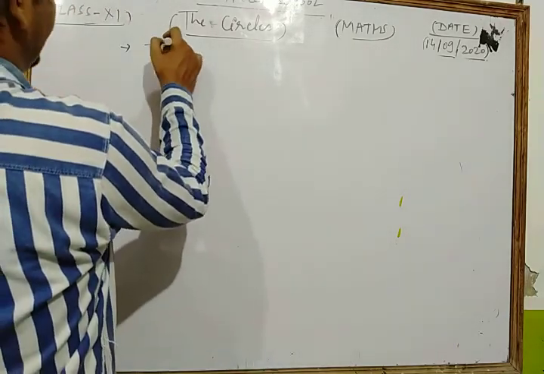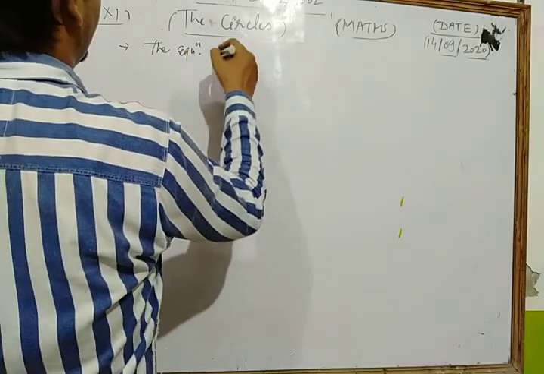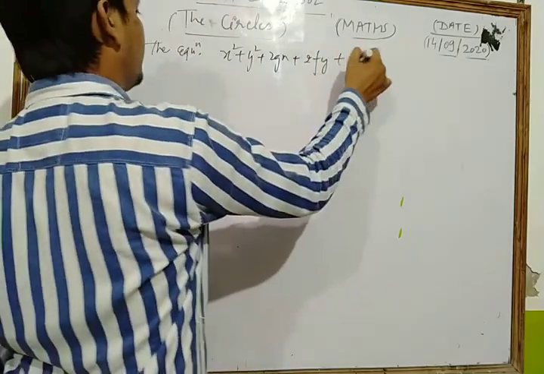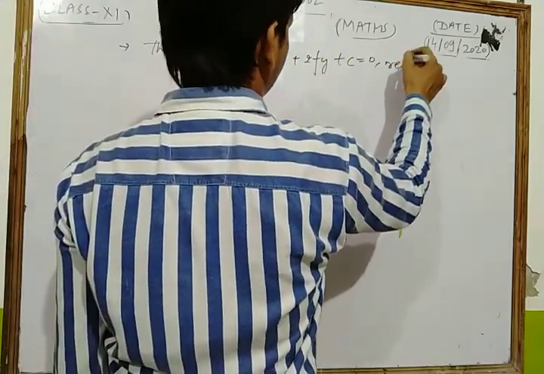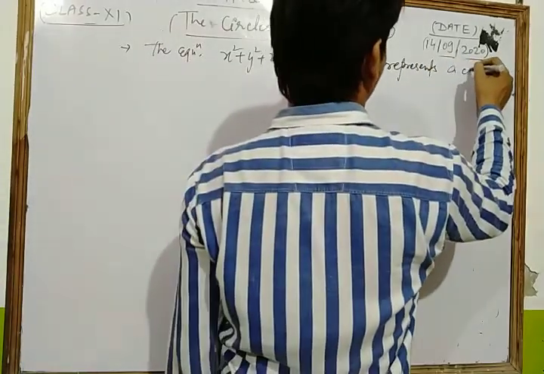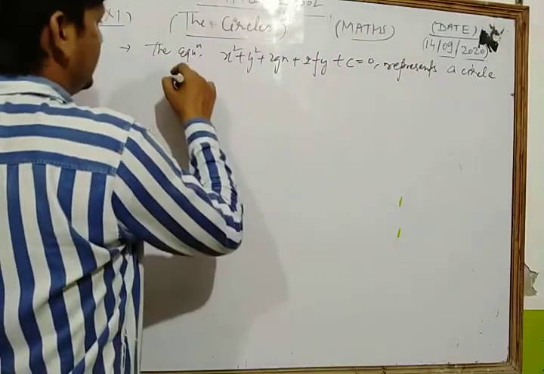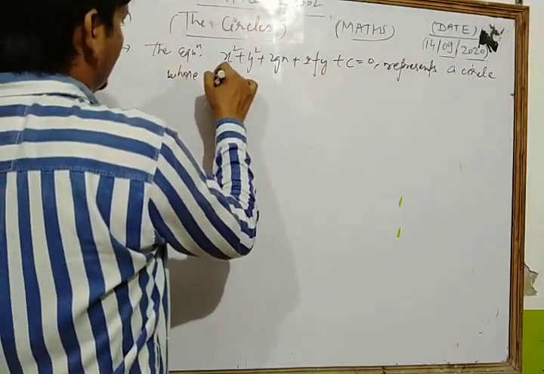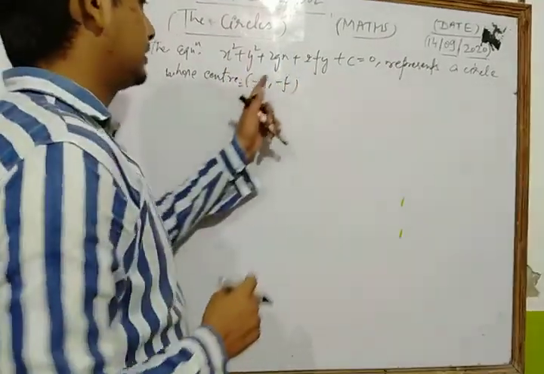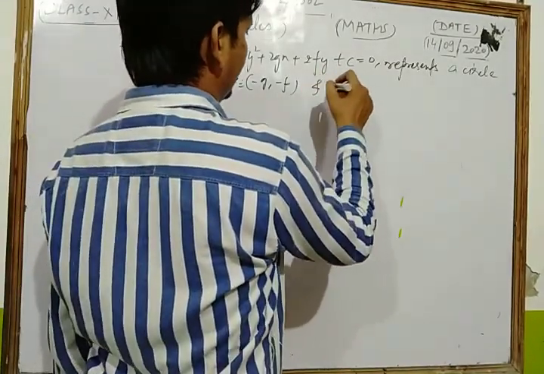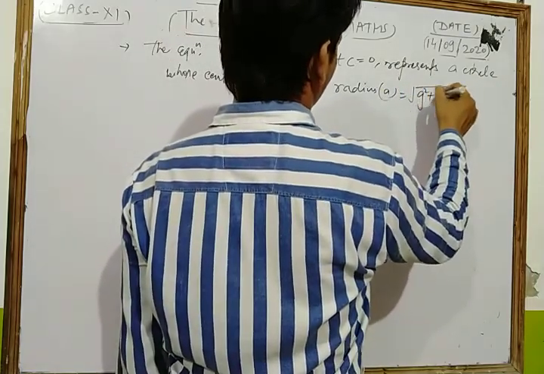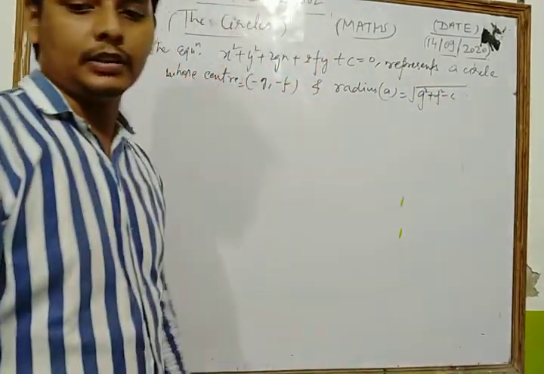Dear students, the equation x square plus y square plus 2gx plus 2fy plus c is equal to 0 represents what? A circle whose center is (minus g, minus f) and radius a is equal to under root g square plus f square minus c.